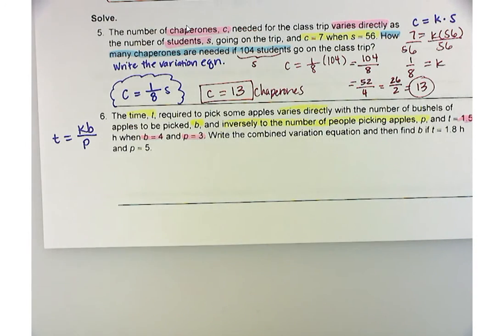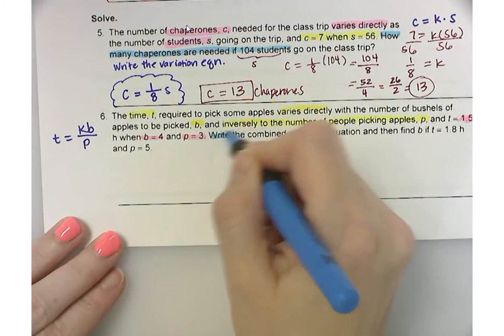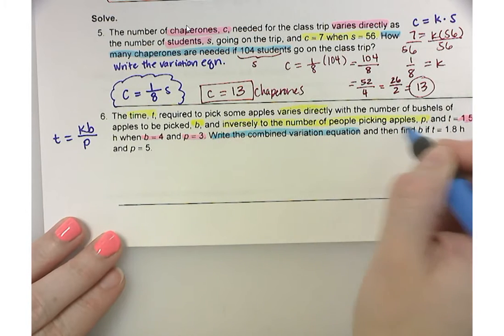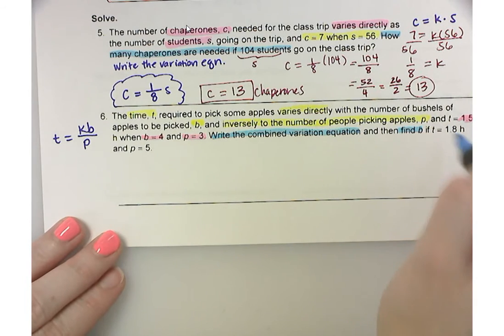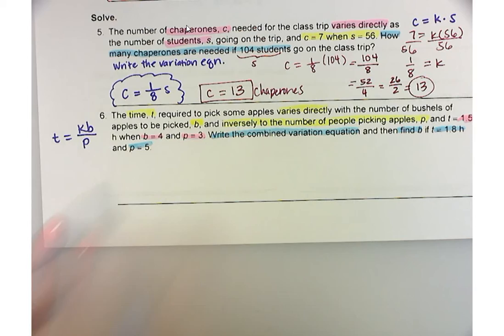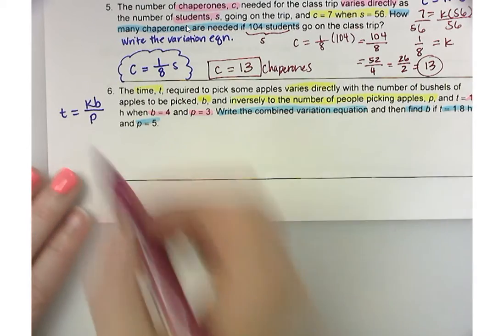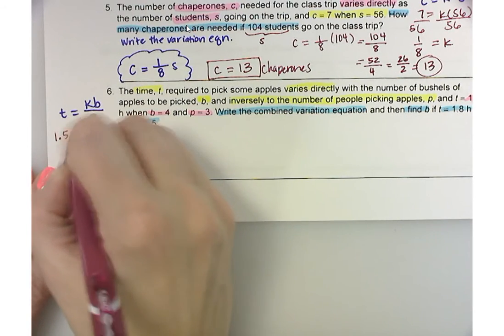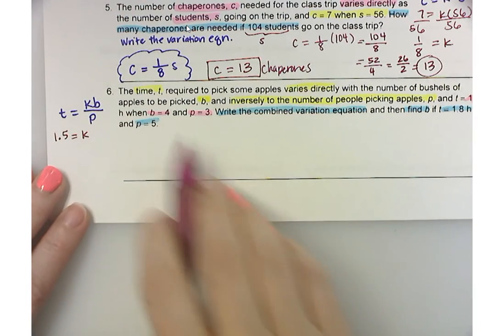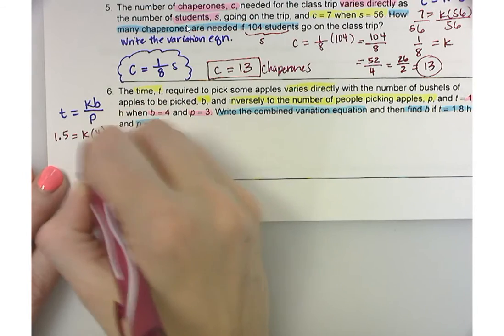Okay, so T is 1.5 when B is 4 and P is 3. So we're going to be solving for K. Okay? So the first thing we're going to do is multiply both sides by 3, or you could multiply by the reciprocal as well.